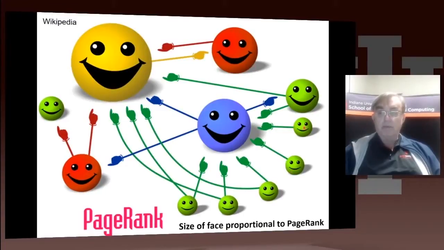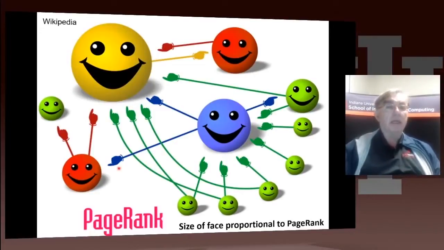You only get to them if you actually use the 0.15 probability of typing the URL into the web browser. There's a yellow thing up here, the really happy thing, has lots of people pointing at that page. So the size of the happy face is proportional to the size of the PageRank, which is calculated iteratively by assuming the PageRank of all the pages.